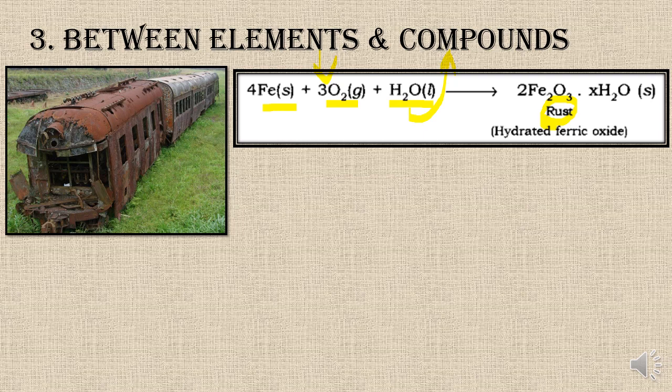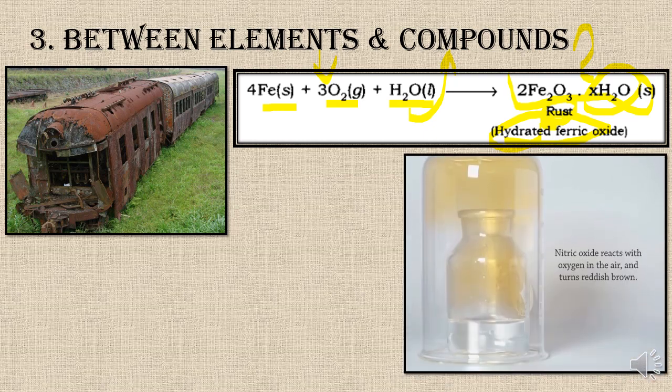Okay. Now, if I ask you what is rust, then what will be your answer? Yes, it is hydrated ferric oxide. Always remember, you need to write the formula of rust as Fe2O3.XH2O. This XH2O represents that there are molecules of water of crystallization in the ferric oxide molecule.